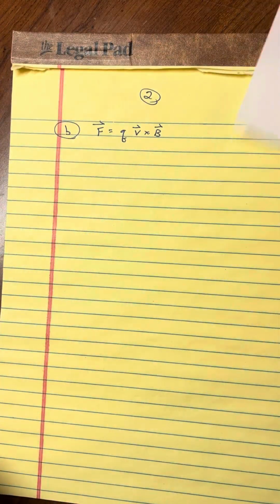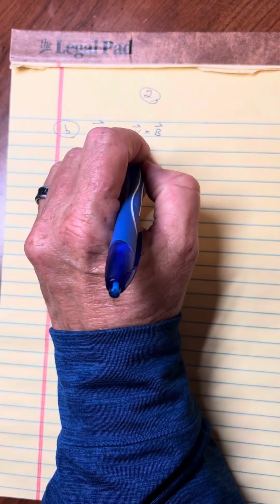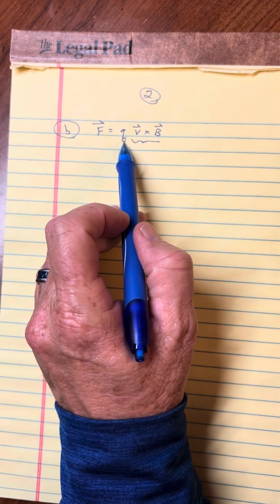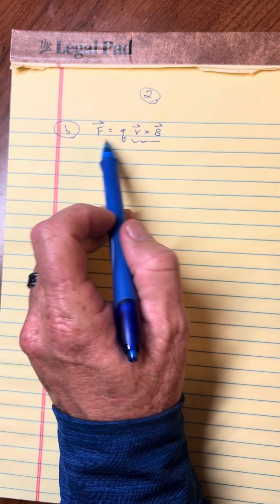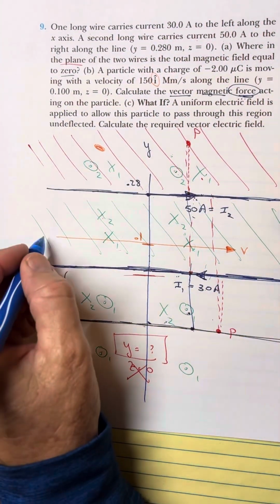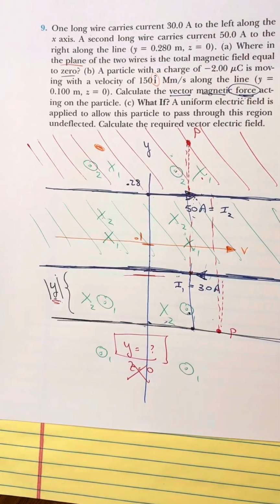So why don't I start with direction? Because direction means you need to take the cross product, then multiply by the charge, which remember is a negative number in this case, and that'll give you the force. So coming back to our picture, the velocity is to the right, the magnetic field is into the screen.